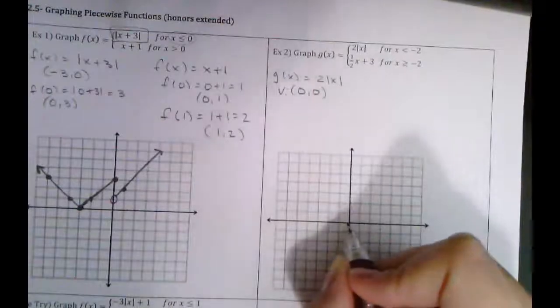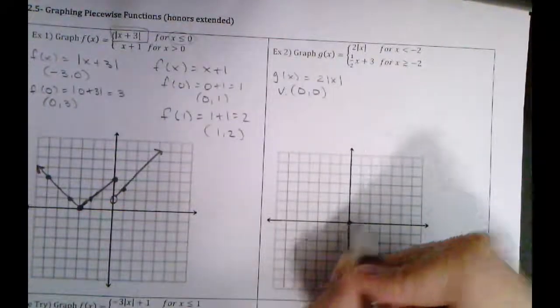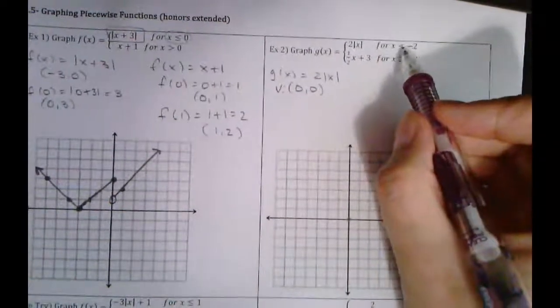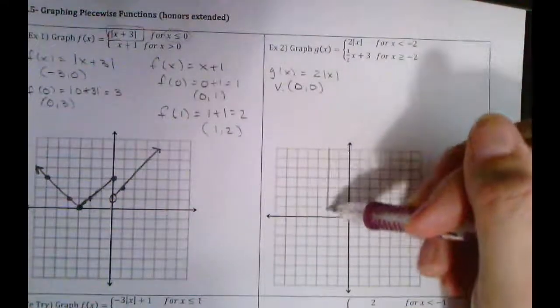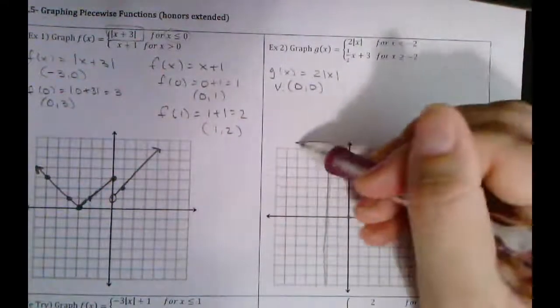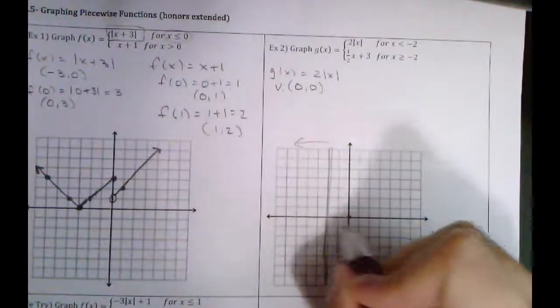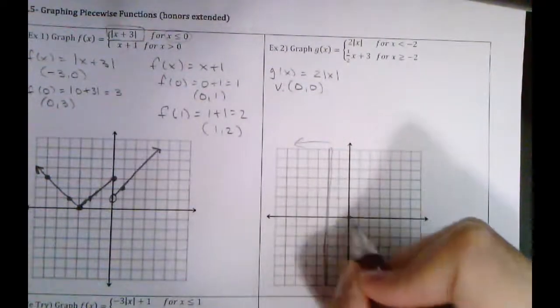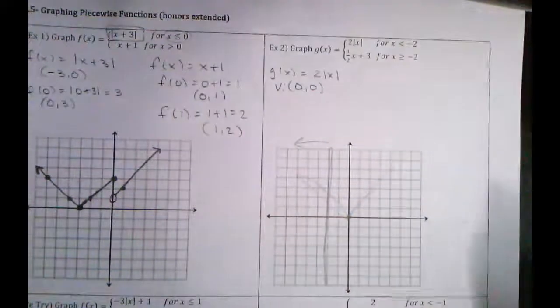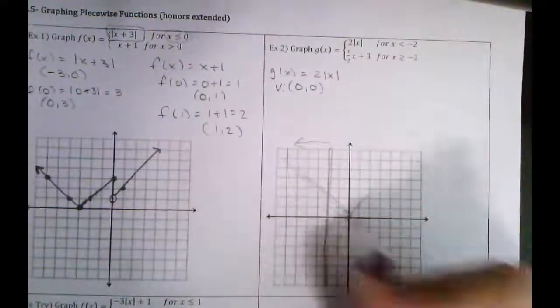So the vertex, which is over here, isn't going to be in our domain because we only want to graph that function basically to the left of that line. So that point's not going to be there, which means we're not going to see the whole v. We're only going to see like this part of it.